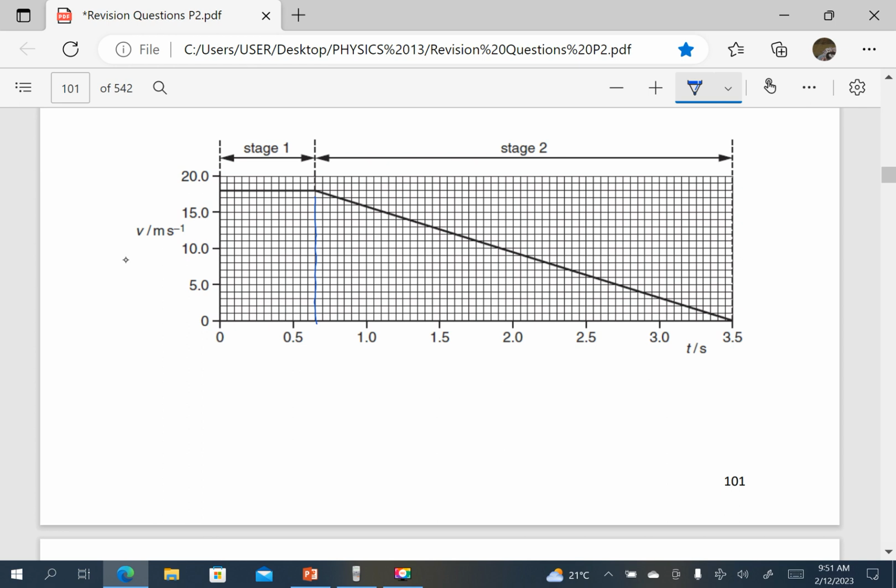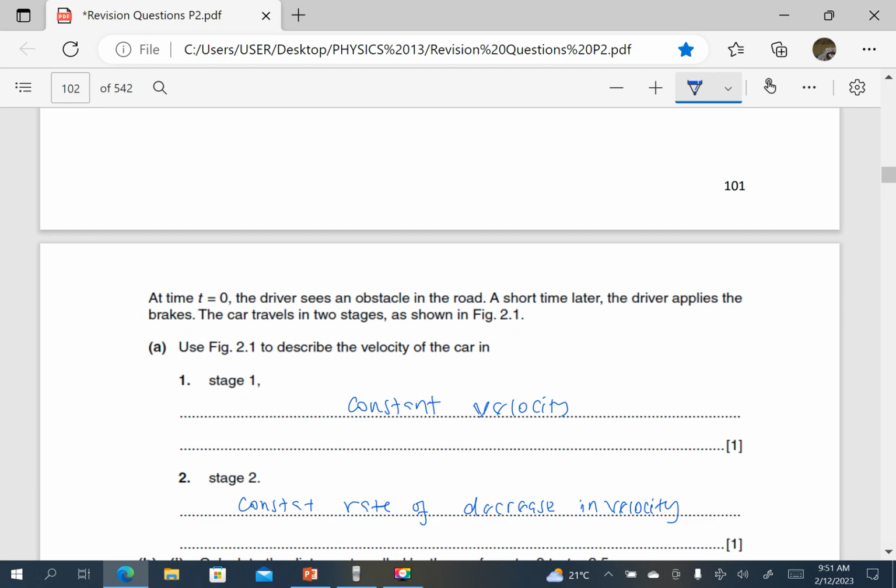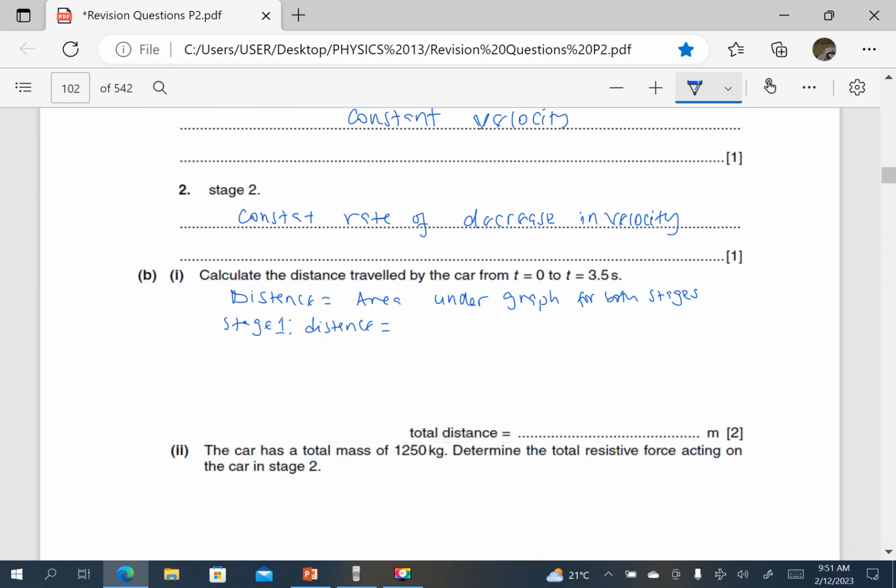So on the x-axis, this is 0.65. So we are going to say 0.65 times on the vertical.